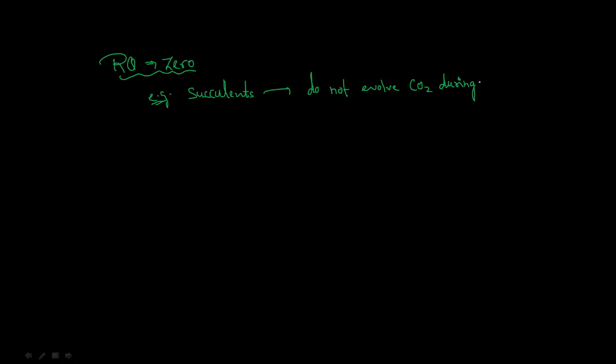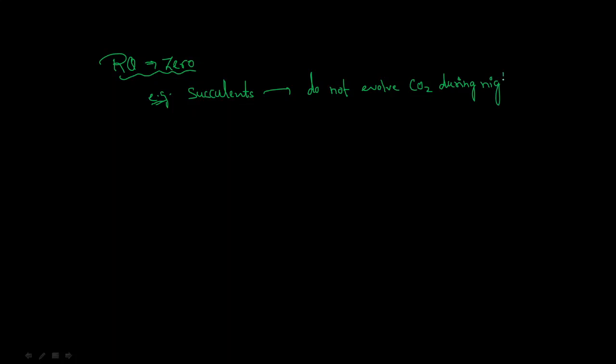Now they can also ask the RQ value in the case of succulents, or they can frame it as: in which case is the RQ going to be 0? Please remember, in the case of succulents, that means xerophytes or desert plants, if you remember from the photosynthesis chapter, they do not evolve carbon dioxide during night hours.